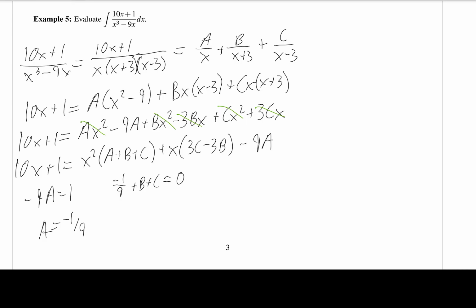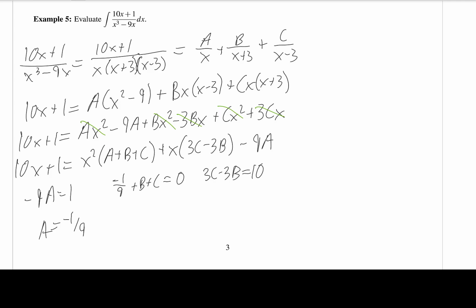And then I'll get another equation that says 3c minus 3b is equal to 10, because that's the coefficient of x on the left-hand side. And so the one I think is least terrible to work with is going to be this one right here, but you could work with the one on the left if you wanted to.